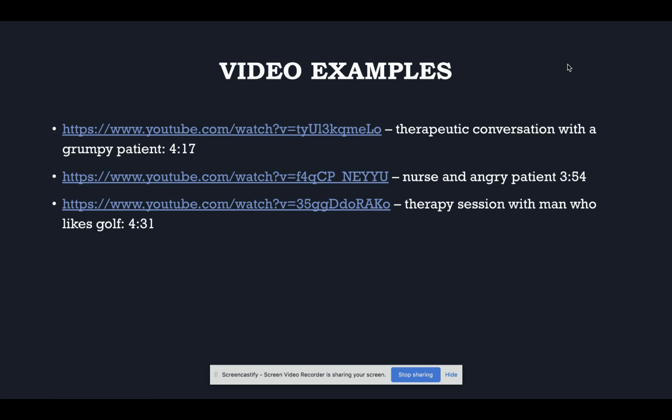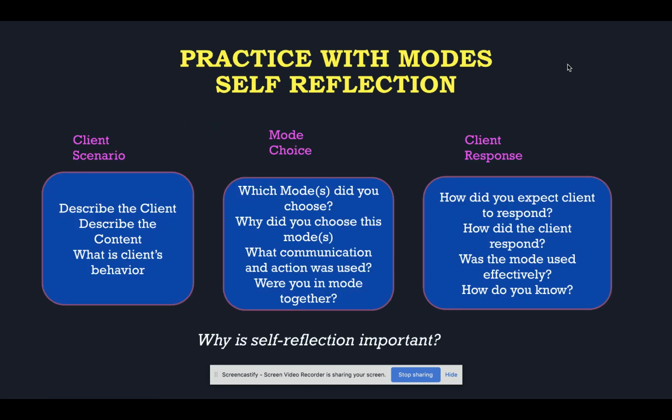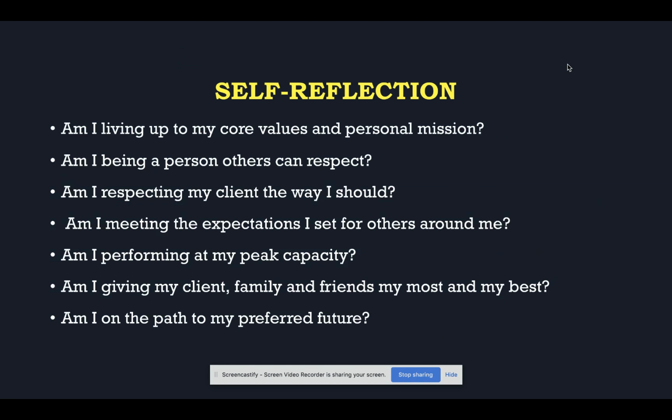You're going to look at this grumpy patient, and then you're going to determine what is the scenario, what were the mode choices that were used, and what was the client's response. And then did that client response appropriately match what the therapist, or the acted therapist, was performing?